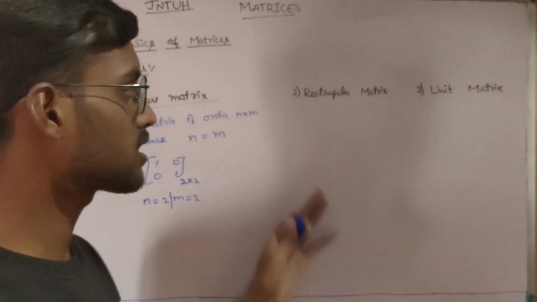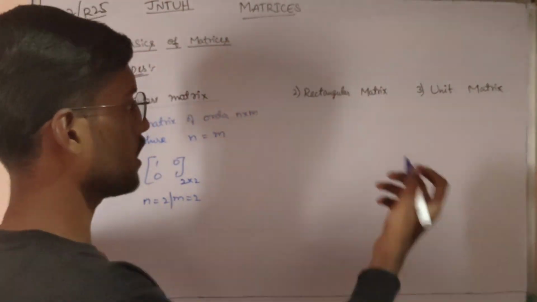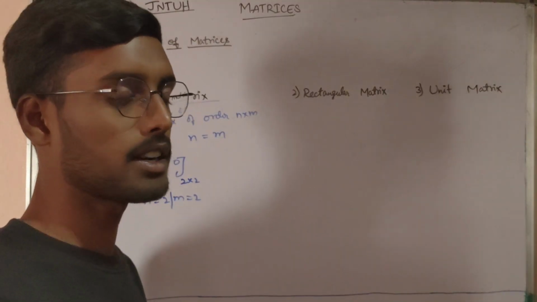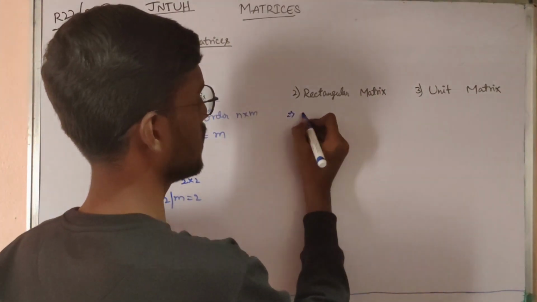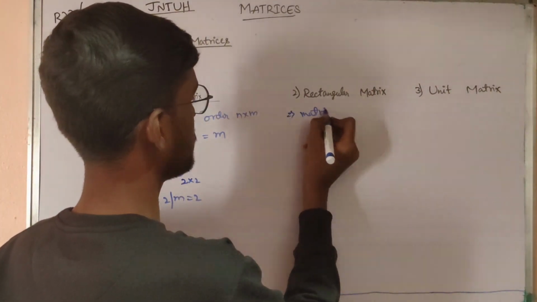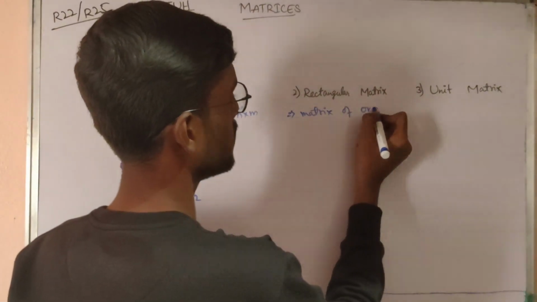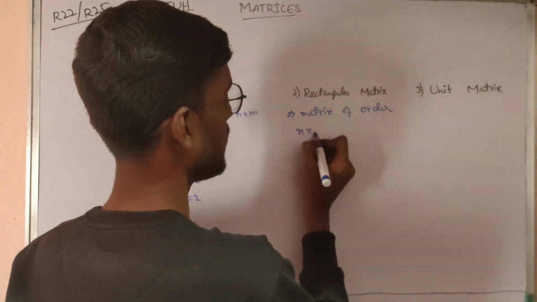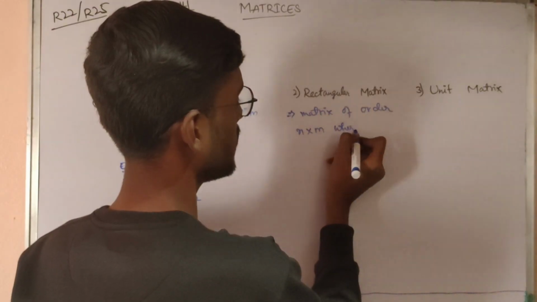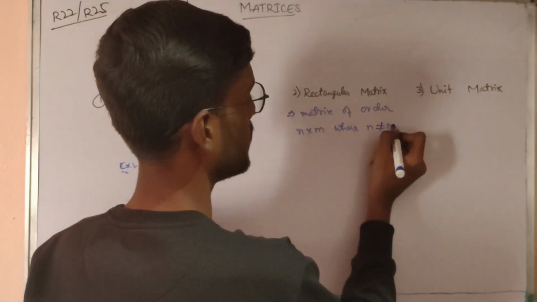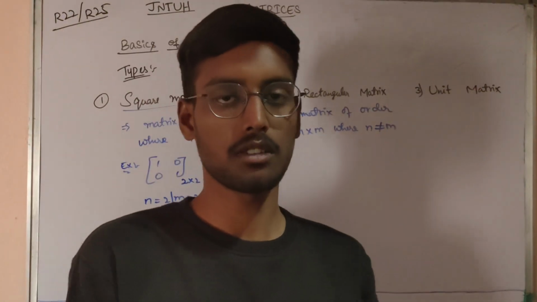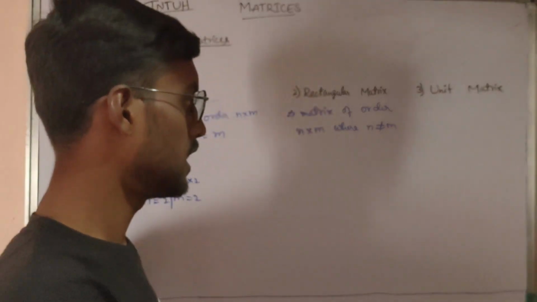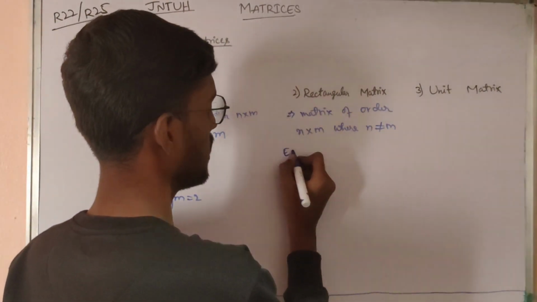Clear? Next, coming to the rectangular matrix. A rectangular matrix is the opposite of, in contrast to, the square matrix: a matrix of order n by m, where n is not equal to m. There is no rule that n and m must be the same. It may be of any order.